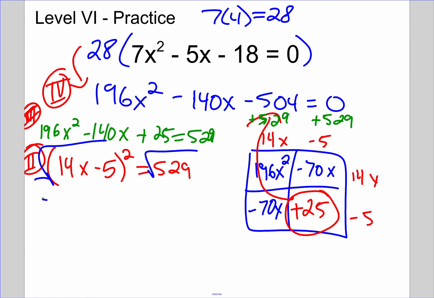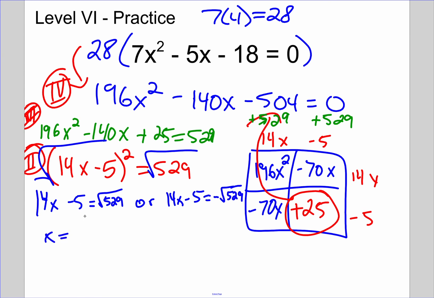All right, so we have 14x minus 5 equals the square root of 529, or 14x minus 5 equals negative square root of 529. Again, I'm not really worried about what that is at this point. So we'll add 5, divide by 14 on both ones.